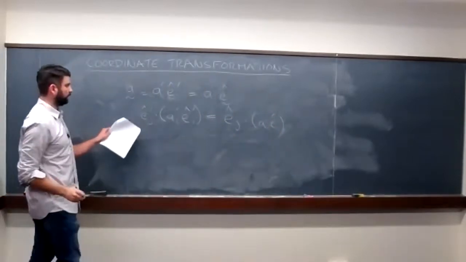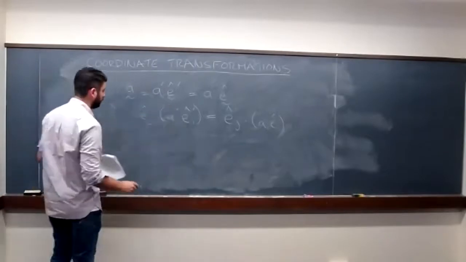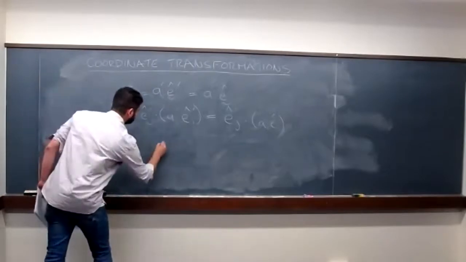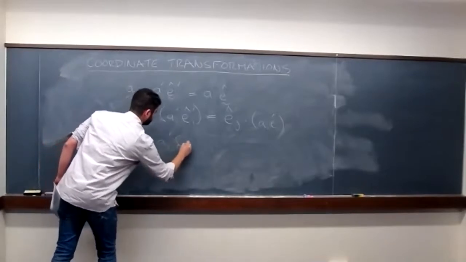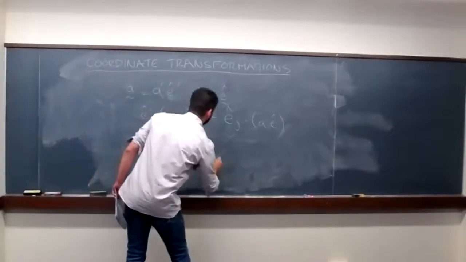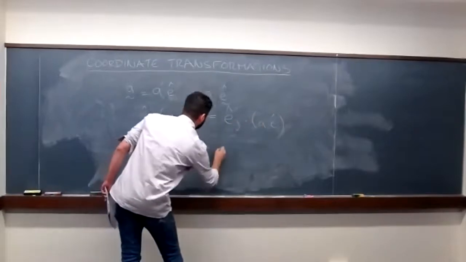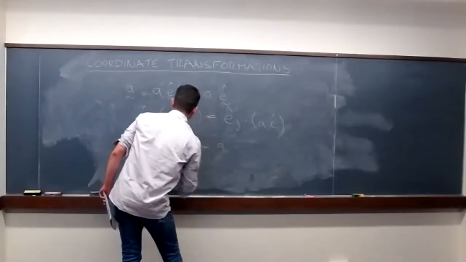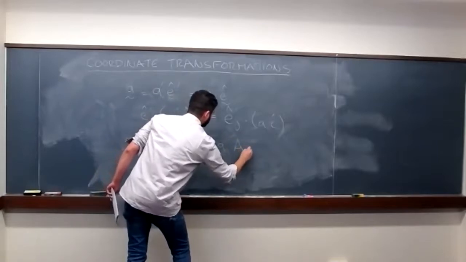We take the dot product on each side, and what we find is if we take the dot product of one basis with itself, we get the Kronecker delta. And if we do the dot product of the new basis times the old basis, we get our coordinate transformation.